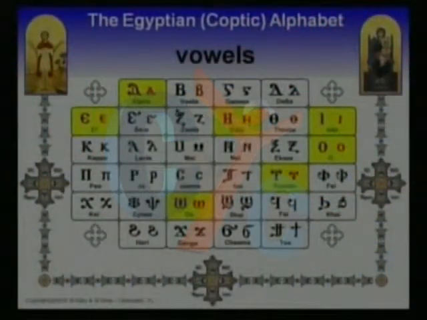Here I want to look at the vowels in the Coptic alphabet, and there are 7 vowels here.